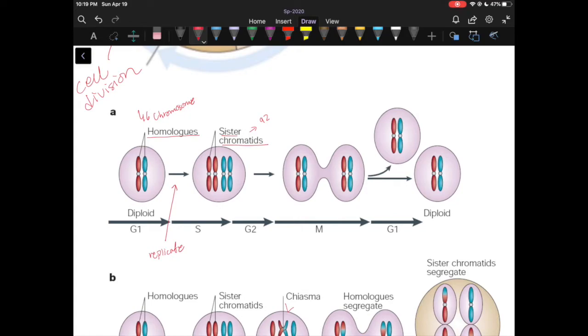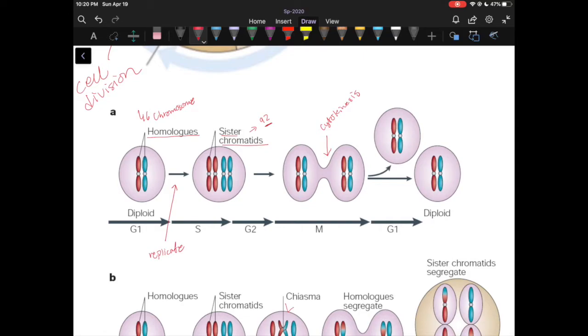So now, after we have all of those chromosomes replicated, we can finally divide the cell, or do cytokinesis right here. And yeah, there are different phases and steps in between, and you can look at that further, but this is just a simplified diagram.